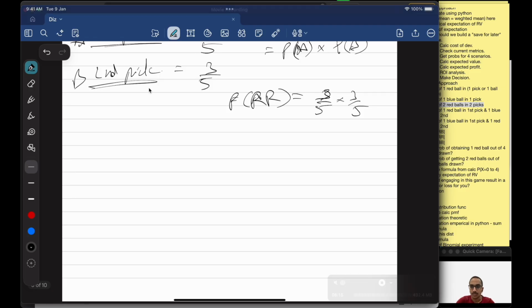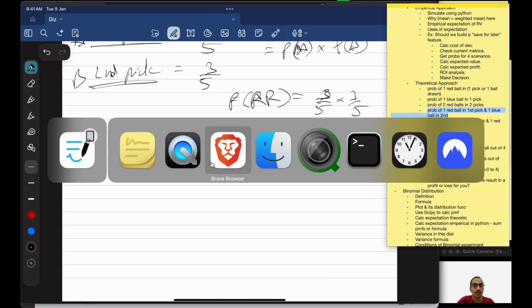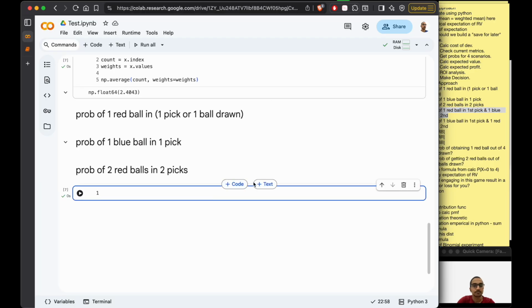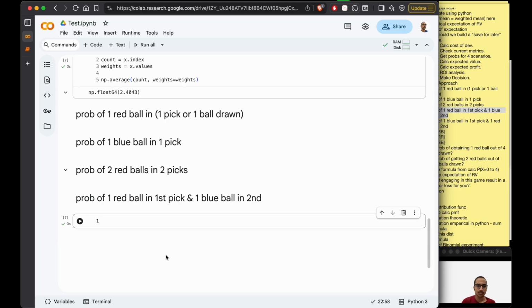Now if we look at the next question: what is the probability of one red ball in the first pick and one blue ball in the second pick? Again, pretty much the same question, but instead of two reds, here we have one red and one blue.